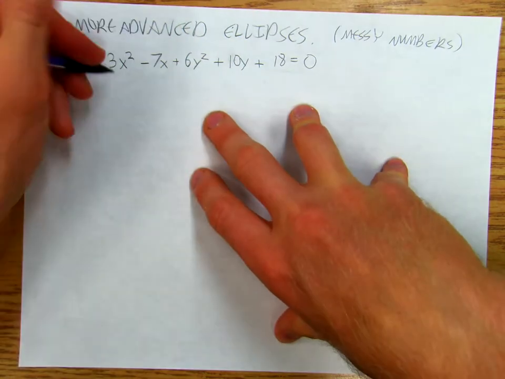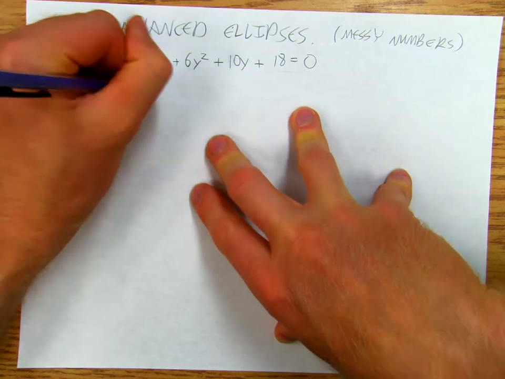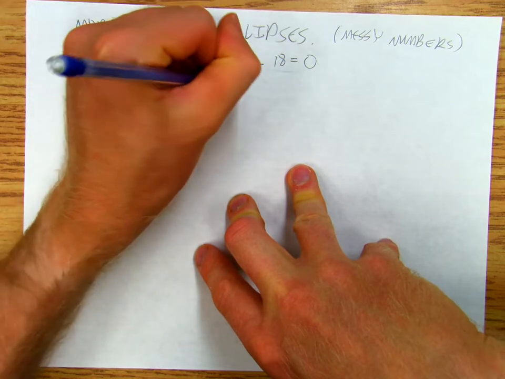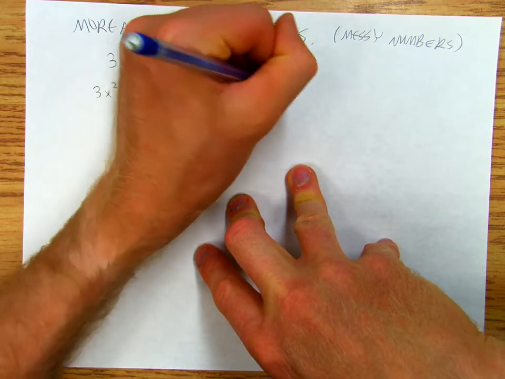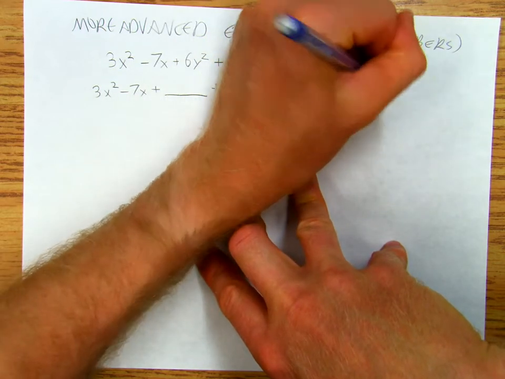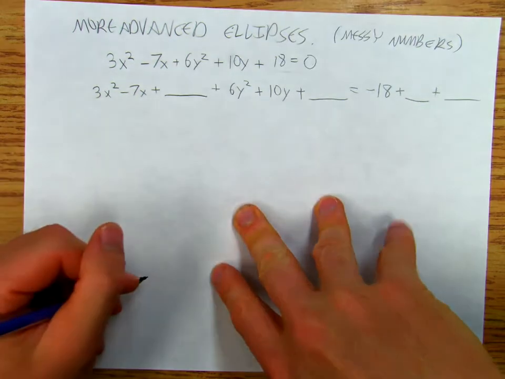Okay, so now I go 3x squared minus 7x plus blank plus 6y squared plus 10y plus blank equals negative 18 plus blank plus blank.